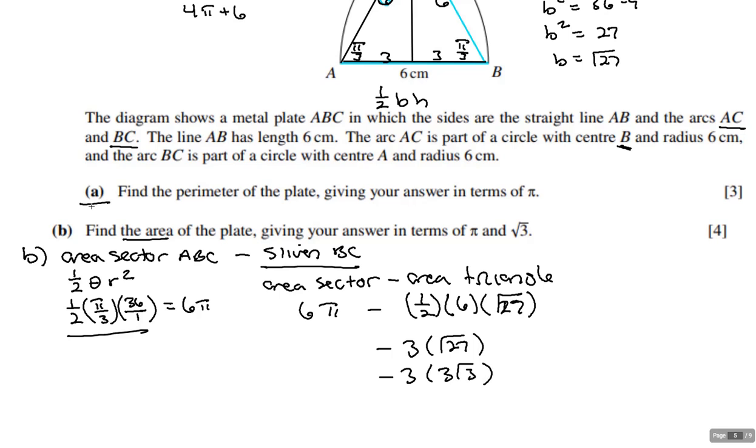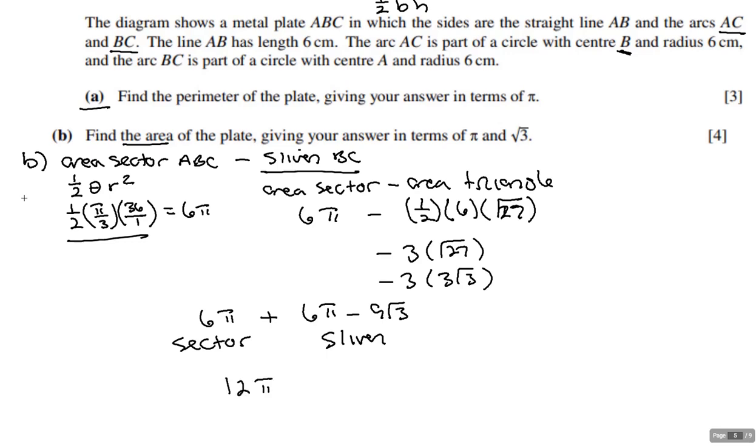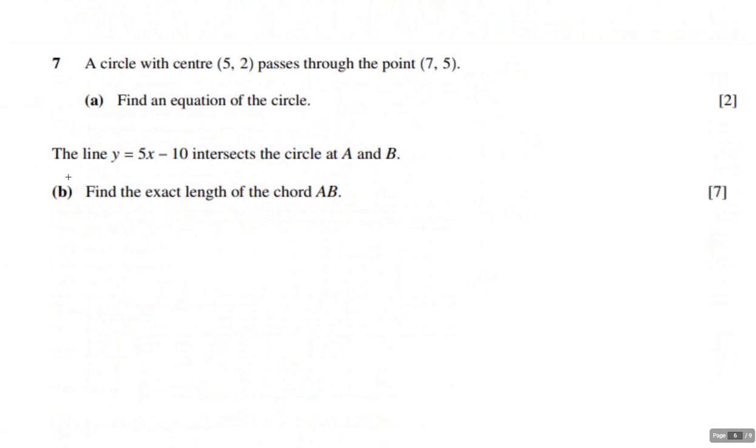So I end up getting 6 pi minus 9 square root of 3 as that sliver. Now keep in mind, I've got to add to that the other 6 pi for the sector, and so I get 12 pi minus 9 square root of 3 for that whole area.